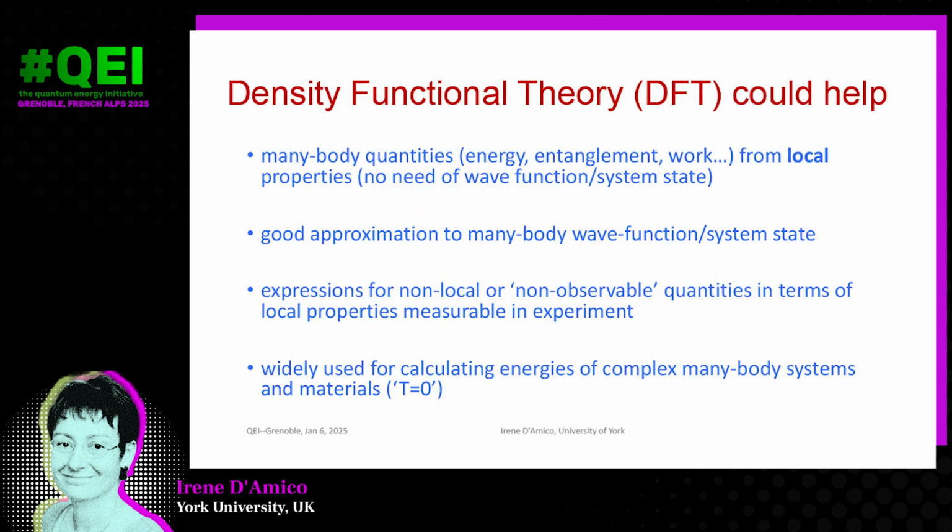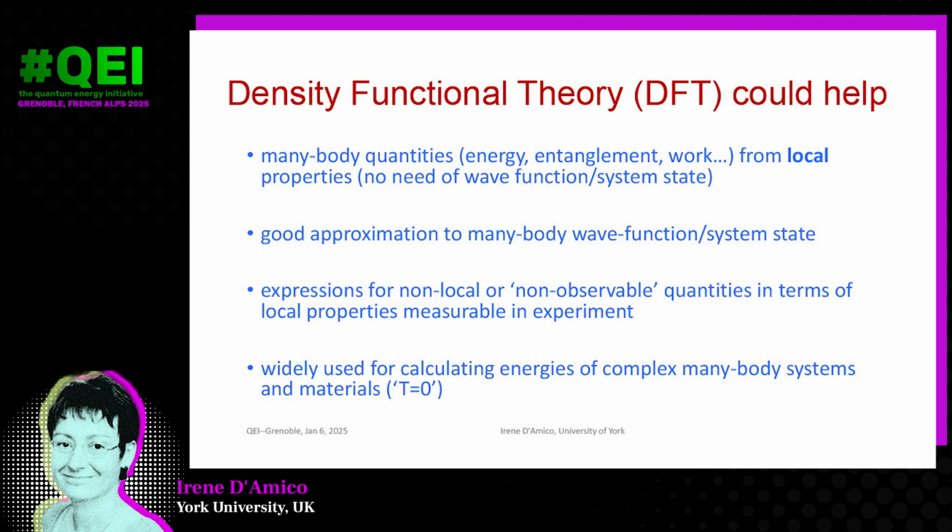So in writing many-body quantities like entanglement, like work, quantum work, like energy, as an expression of local quantities, local quantities that could also be measured as local operators, or providing, in certain cases, good approximation for other quantities, for example, the many-body wave function.